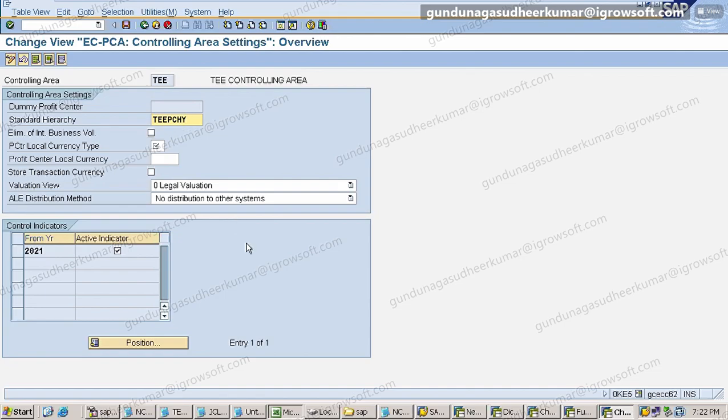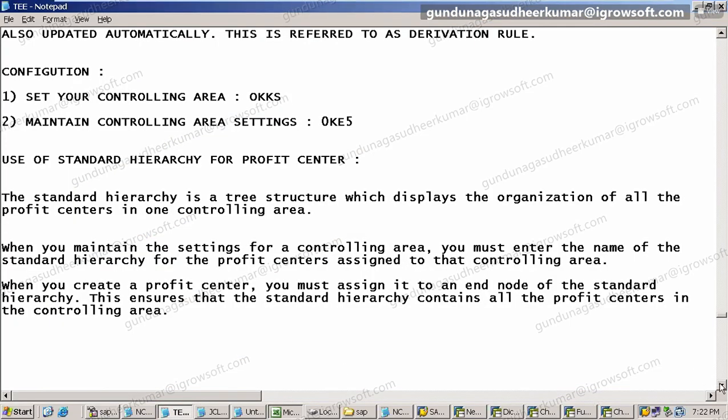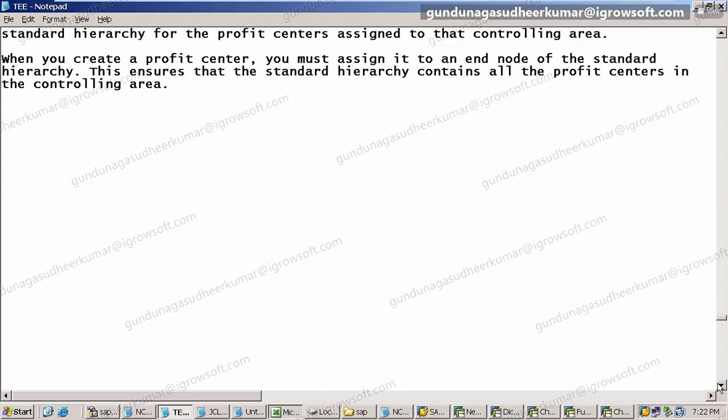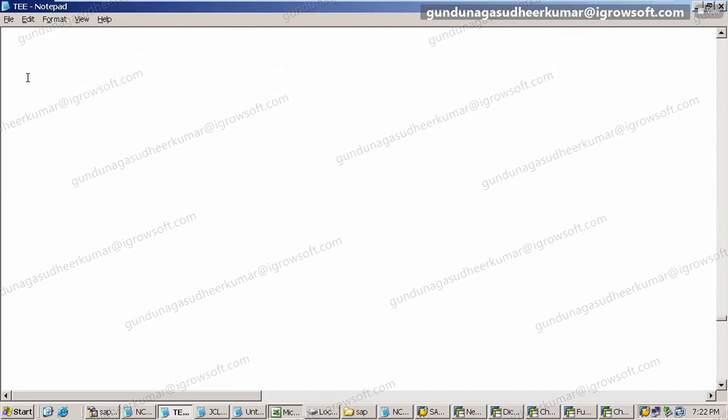For example, suppose I have created a Hyderabad profit center separately, a Bangalore profit center separately, and a Delhi profit center separately.